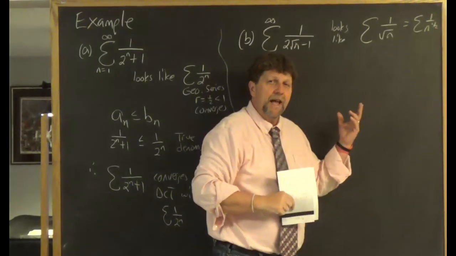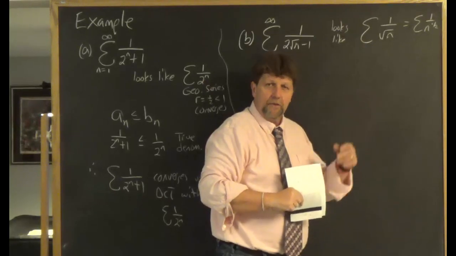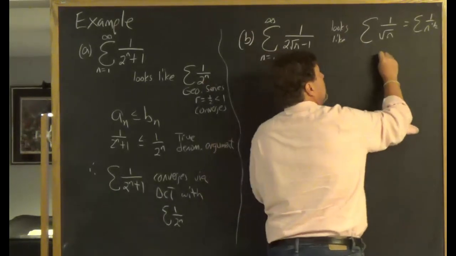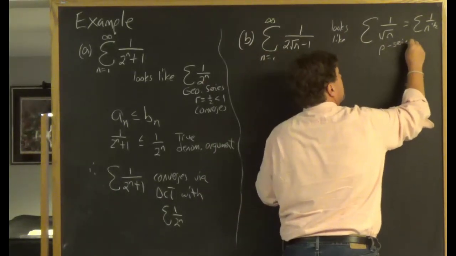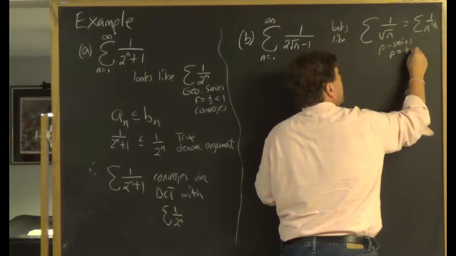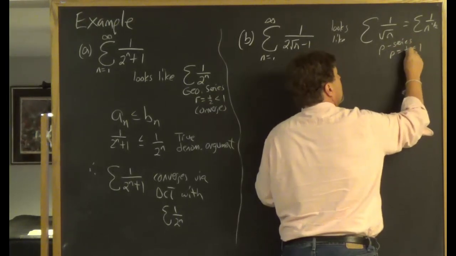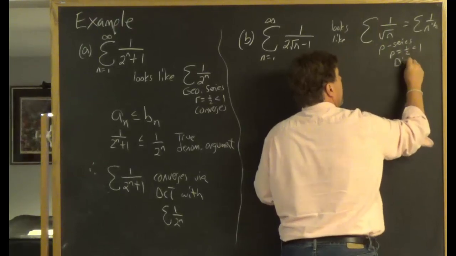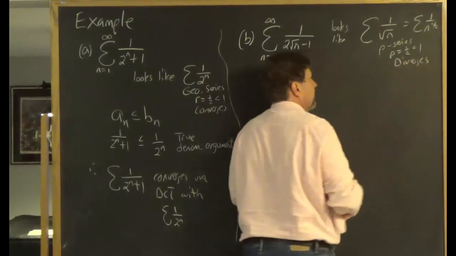What kind of series is that? That's right, it's a p-series. P is equal to 1/2. That's less than 1. So we know that that series diverges.